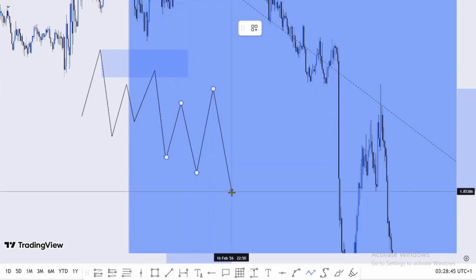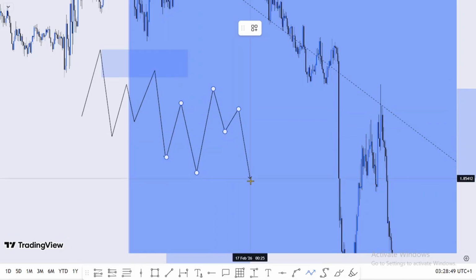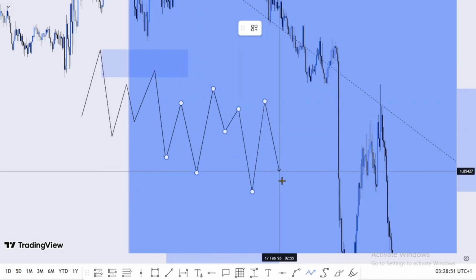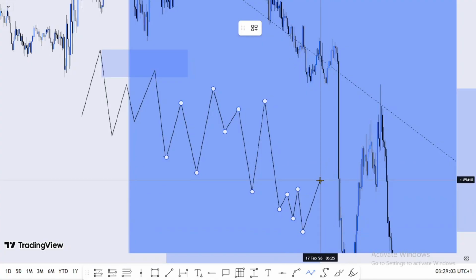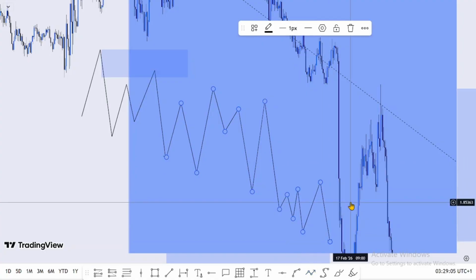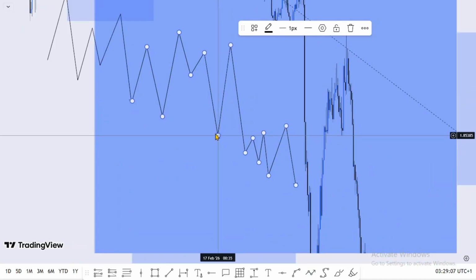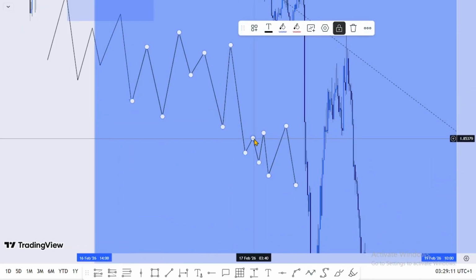Break. Take the second entry. Then let's say price does something like this. We take another entry, and let's say price does something like this. We take the next entry. So this is basically what we are expecting.